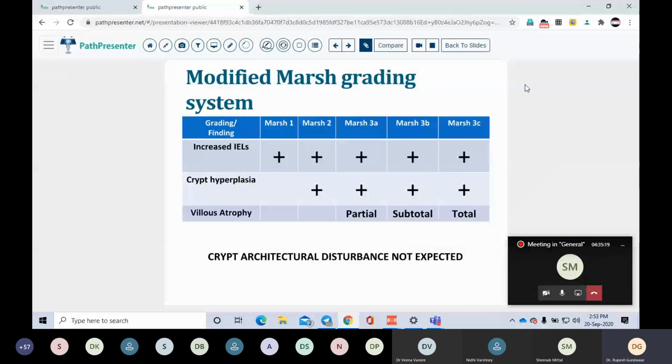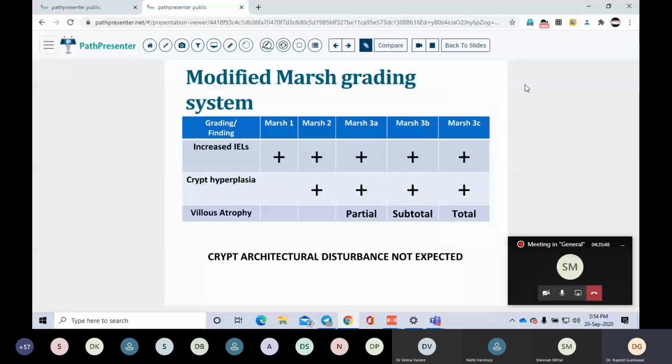So this is the modified March grading system. Three factors are seen: whether there are increased intraepithelial lymphocytes, whether there is crypt hyperplasia, and whether there is villus atrophy. March 1 is the increased intraepithelial lymphocytes, an infiltrative pattern where lymphocytes are infiltrated. Then March 2 adds crypt hyperplasia; March 1 and March 2 form the infiltrative pattern.